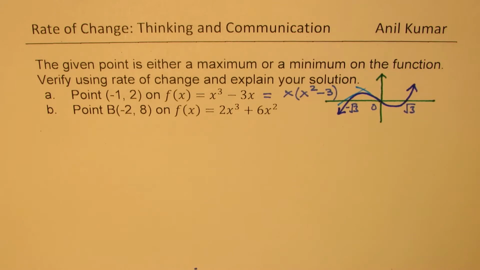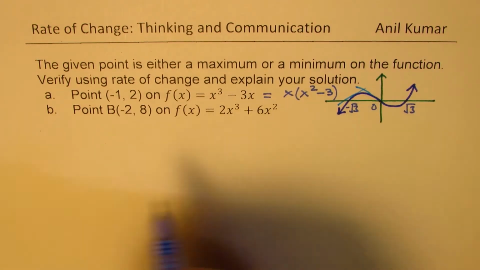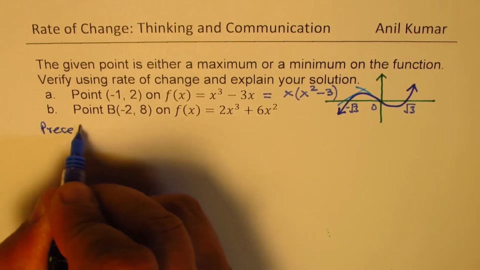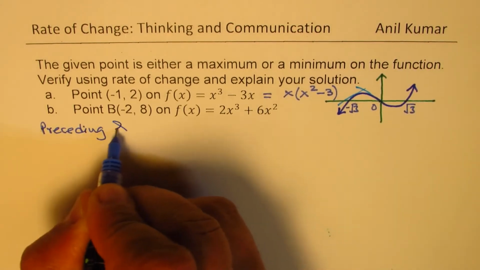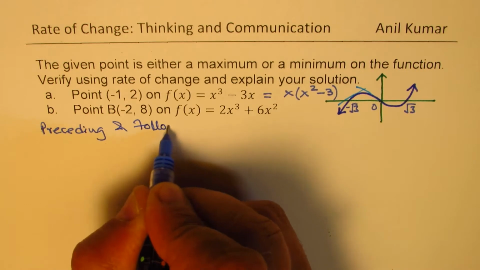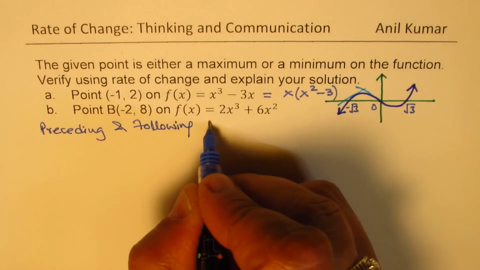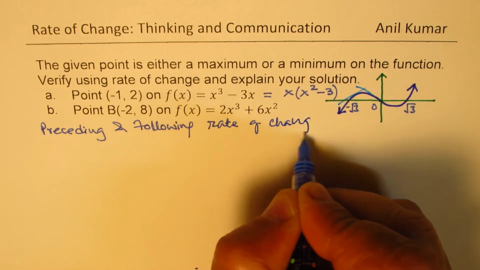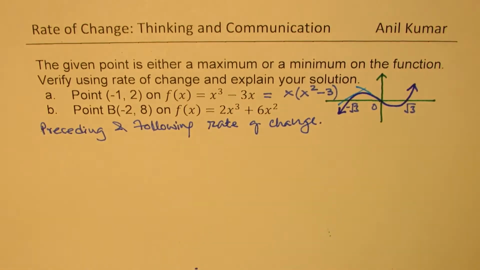So we are going to analyze the preceding and following rate of change, to justify whether it is a local maximum or a minimum. Is it clear to you?